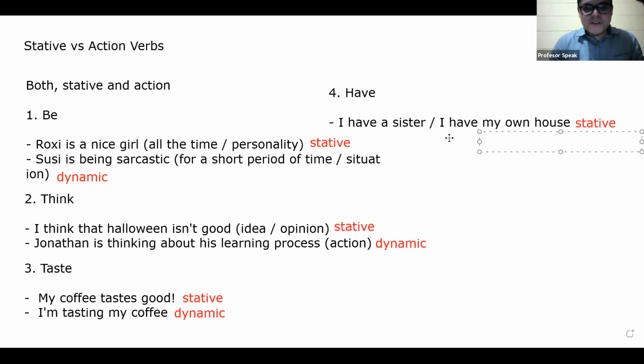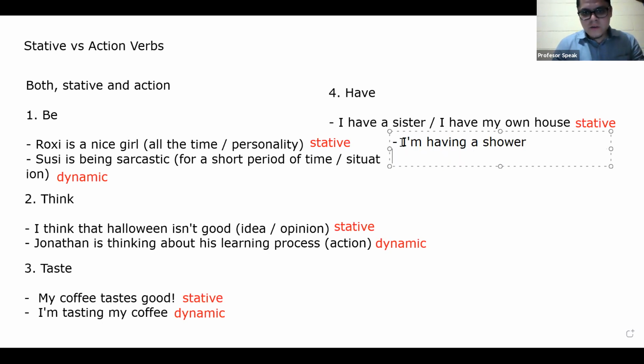But when you use have as dynamic, what happens? When you refer to taking a shower, for example, you can say, I'm having a shower, right? Or I'm having lunch.